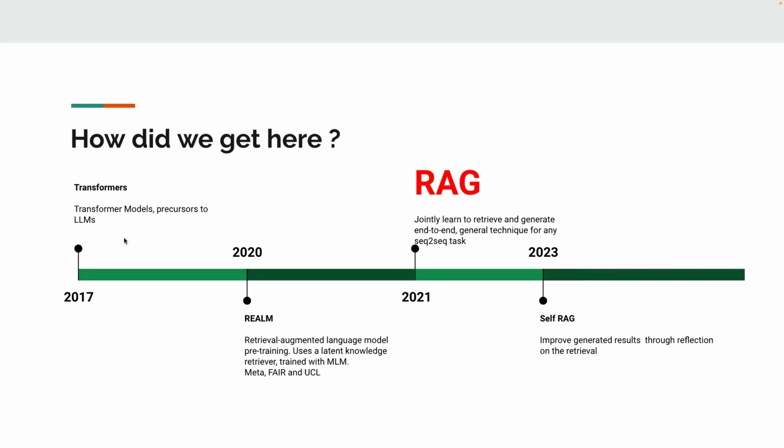So we had Transformers, which came in 2017, REALM, which came in 2020. 2021 was Meta's RAG paper or RAG model. And then 2023, we have Self-RAG. I've put only Self-RAG here because that's the topic of our next discussion. It's not to say that Self-RAG is the only seminal thing that has happened since RAG. So yeah, just a disclaimer.